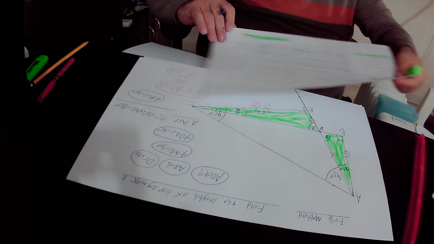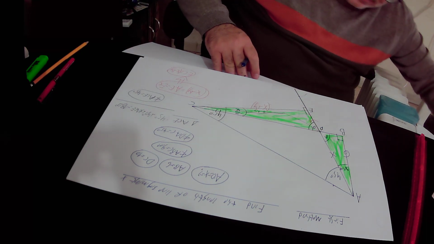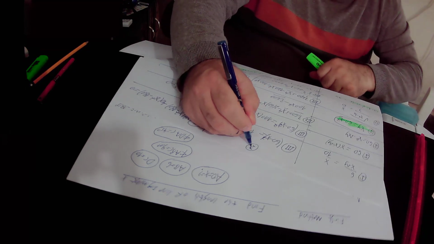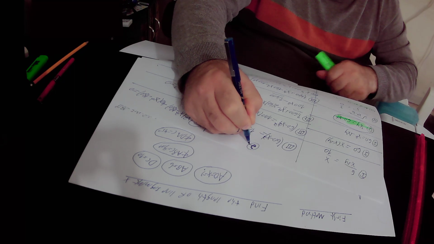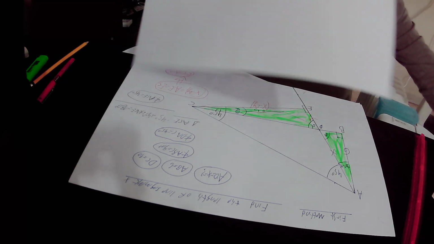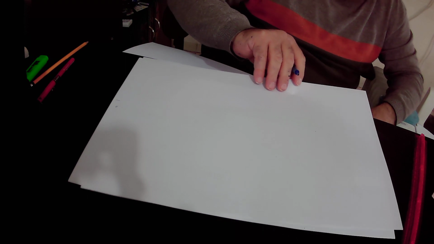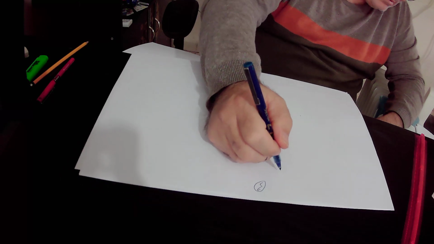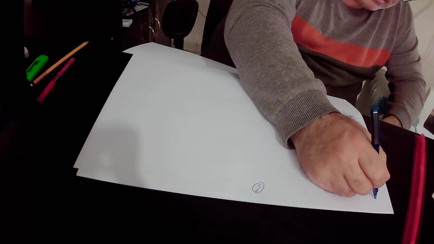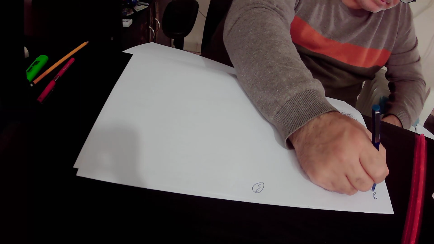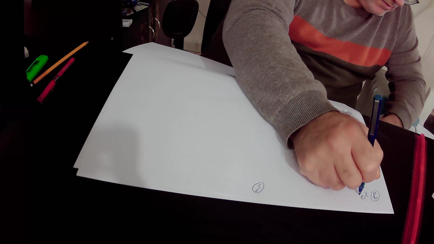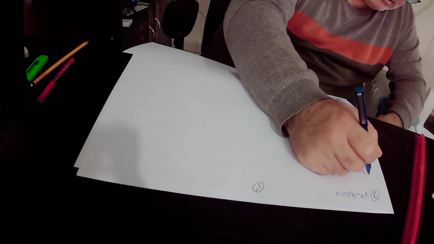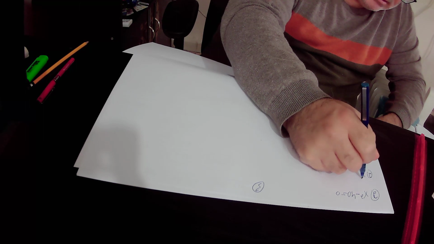And the second solution for x is that x squared minus 40 equals 0, that is to say x squared equals 40.